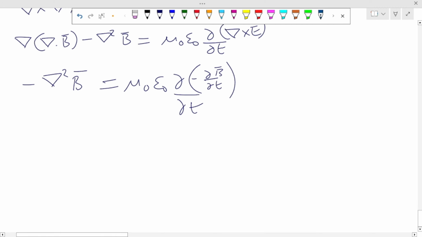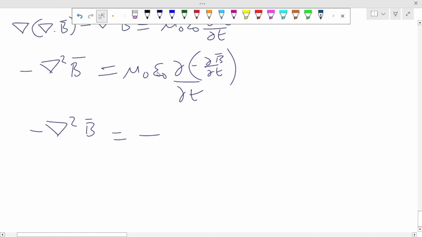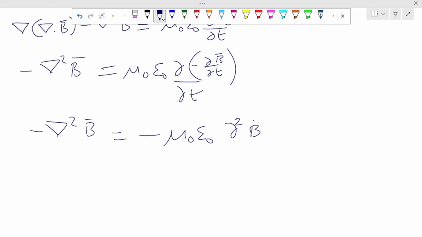So what's going to happen next? We just simplify and simplify. So this will be negative this, equals, when you open the brackets, this negative sign will come out, and that will give you negative mu naught epsilon naught, and then squared, all over this squared. Done.